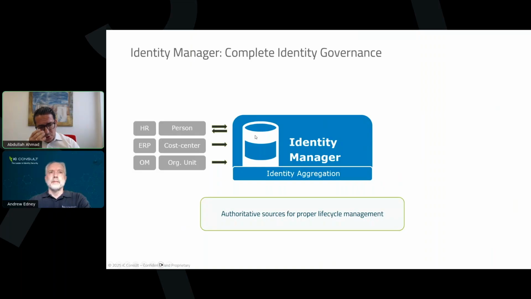With that, we are also able to connect and load cost center data, organizational unit data, and aggregate all those data or identity data to the identity within the Identity Manager. Some of the HR source systems also allow write back of communication data to those systems. There we can write back username and communication data like email address or phone number.